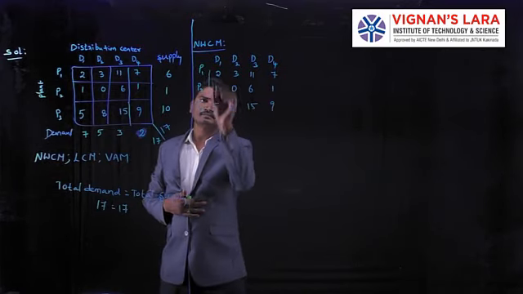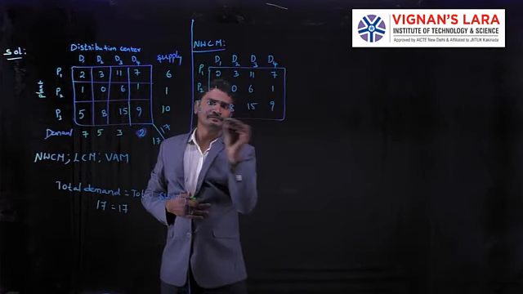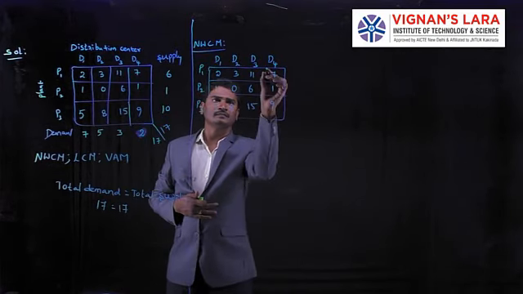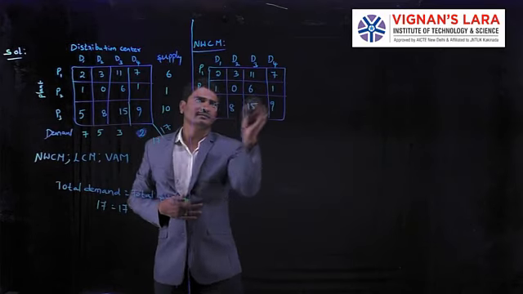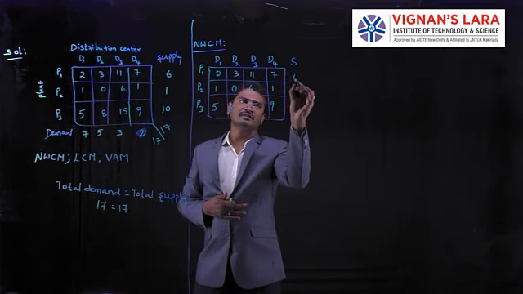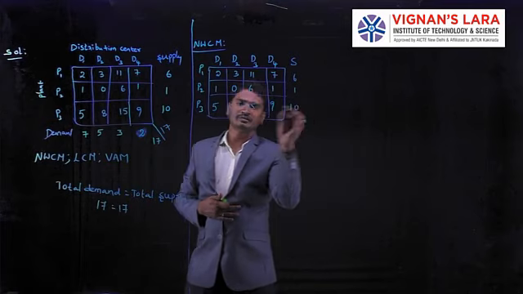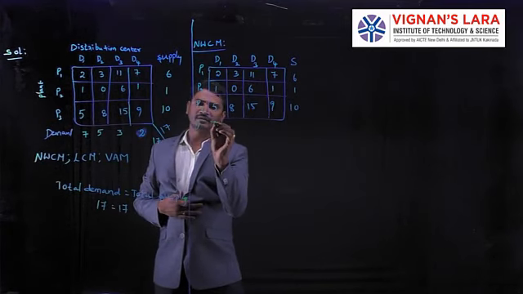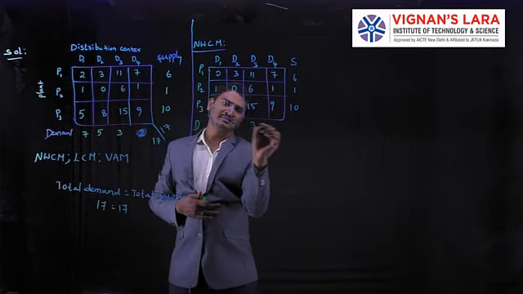Okay. Here the supply is 6 units, 1 unit, 10 unit. Here the demand is 7 units, 5 units, 3 units, 2 units.